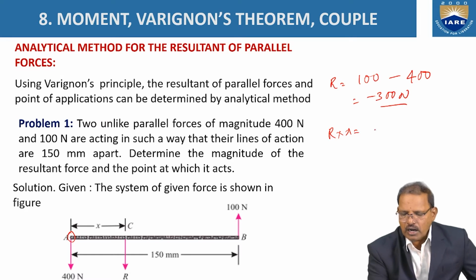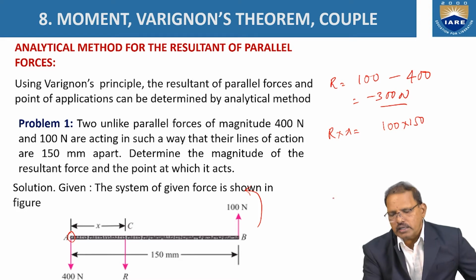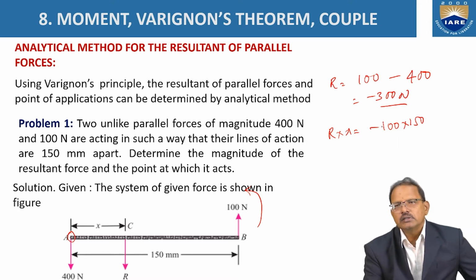That is 100 into the distance given, 150, but it tends to rotate the body in which direction now? Anti-clockwise. Hence it is treated as negative, and 400 into 0, which should be equal now.